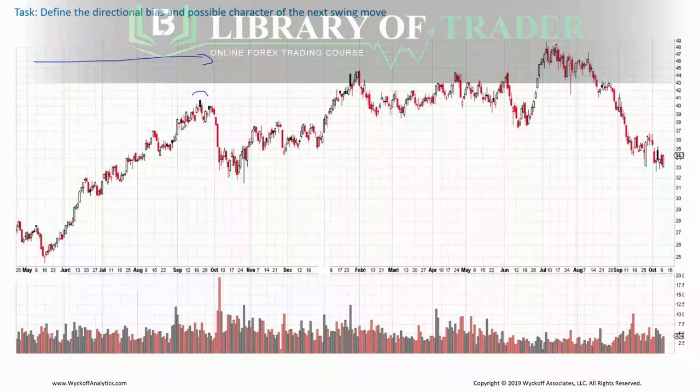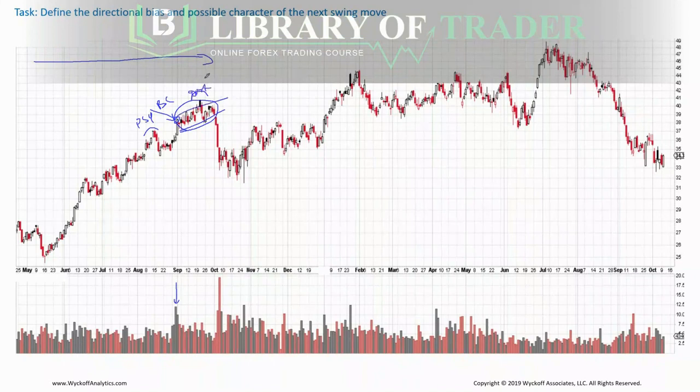And we could probably say that we have some structure here, because we're seeing that the climactic volume actually came on this bar. So it's almost like we have a previous high as a preliminary supply, and then we have a climactic stopping action, and then it materializes into the distributional range.